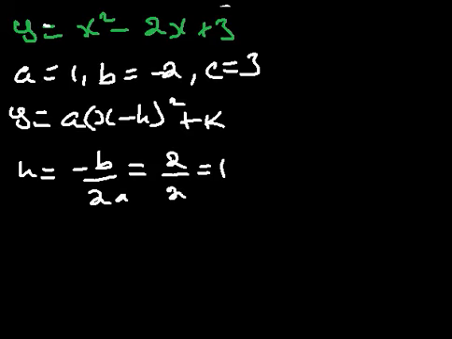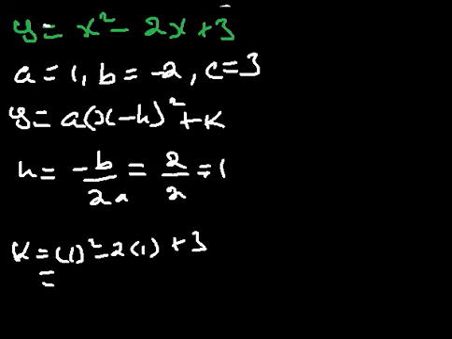So take note of that. And then next we have to solve for k. What is k? We'll have to substitute h into the original function. And mind you, k is the y value, so we have 1 to the power 2 minus 2 times 1 plus 3, and that will be 1 minus 2 plus 3.